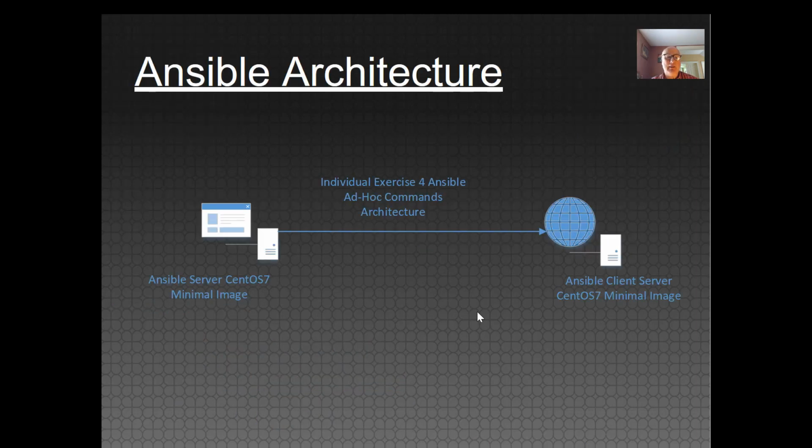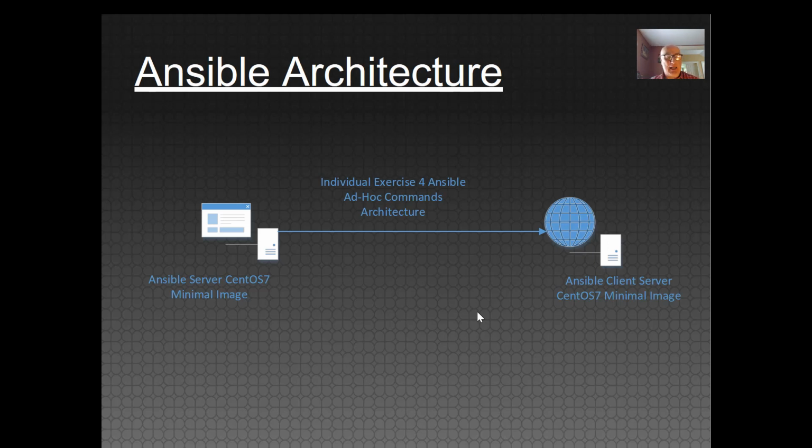So Ansible architecture, this is mine. You've seen it before. I just want to show you that we've got to have an Ansible server and we've got to have an Ansible client. Doesn't matter what version of Linux you're running them on. I like to use the minimal install because I'm comfortable on a command line.